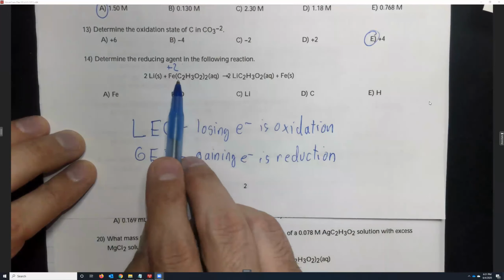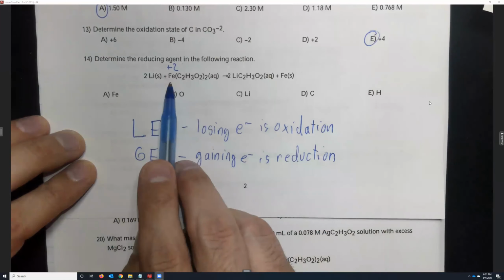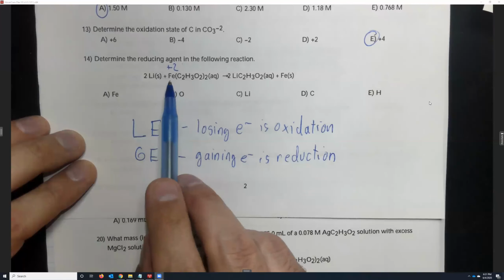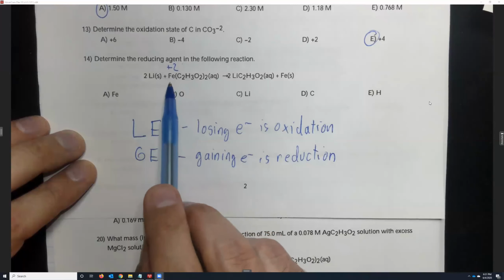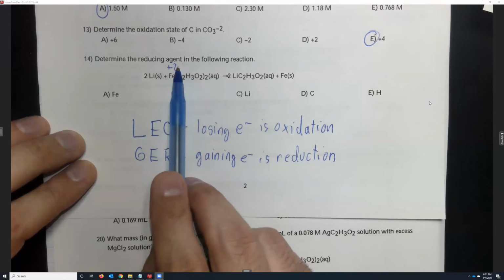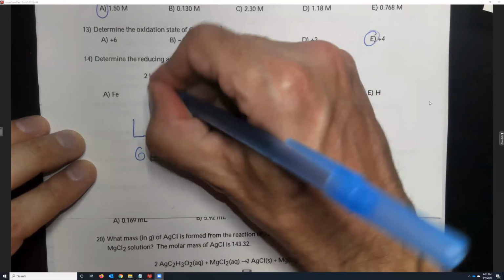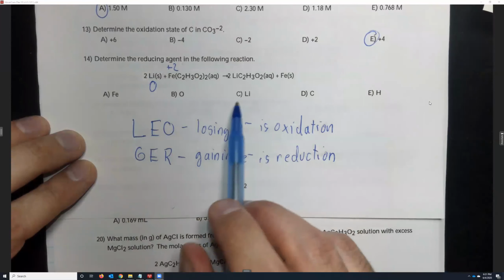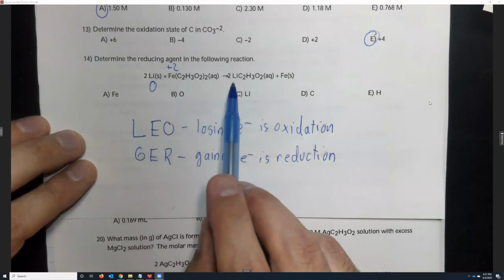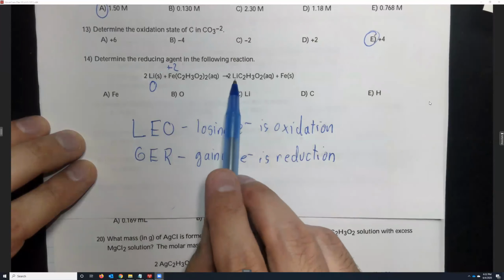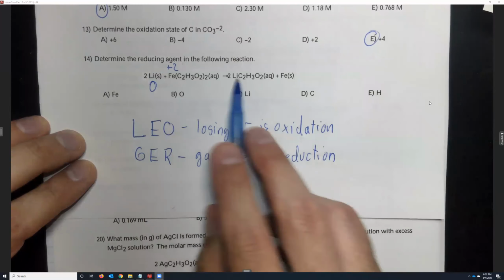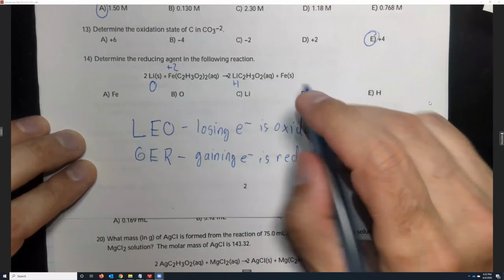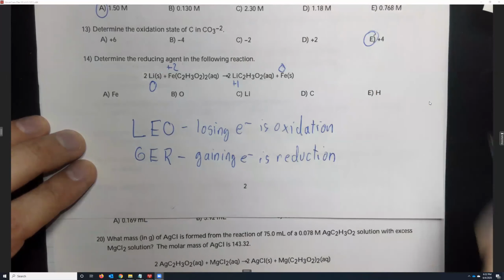All right, this is a compound. So in compounds, nothing has an oxidation state of 0 in your book. In real life, it does, but we're not going to consider those. All right, so this is +2. This is 0. Now, let's look on the other side. On the other side, the lithium is now +1 because it's in an ionic compound and it's a 1A metal, so it's definitely +1. And iron is 0.